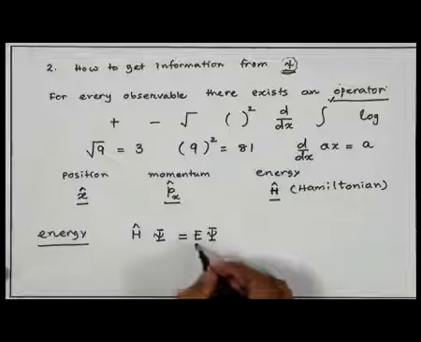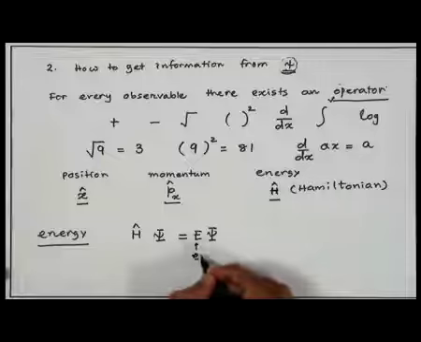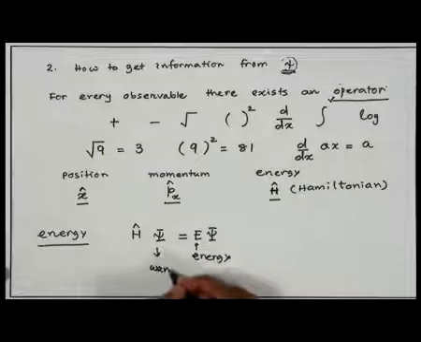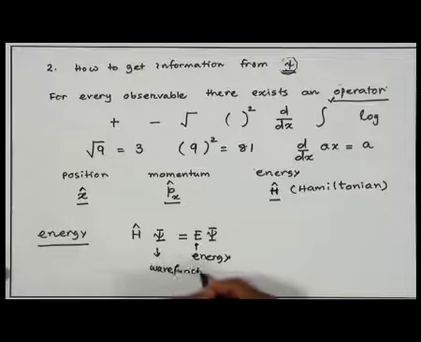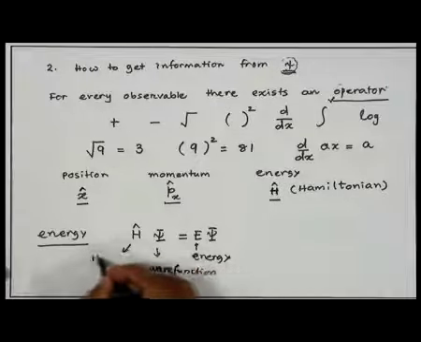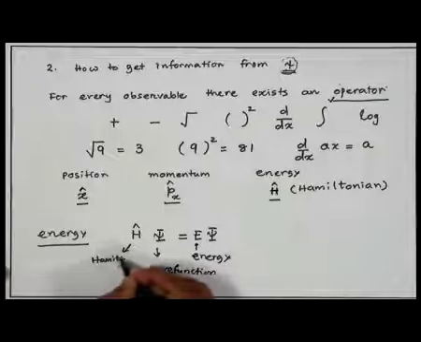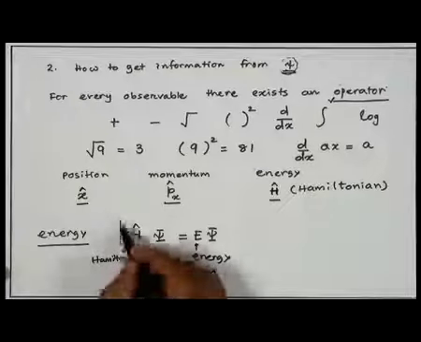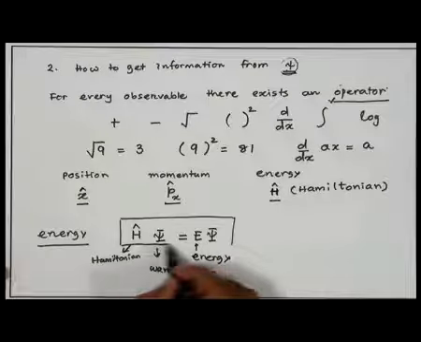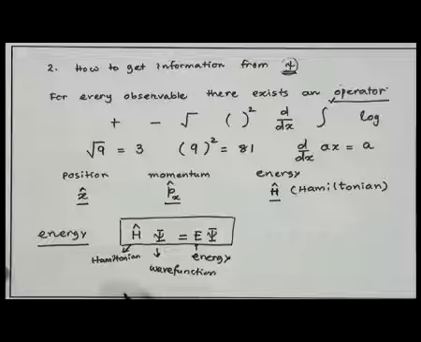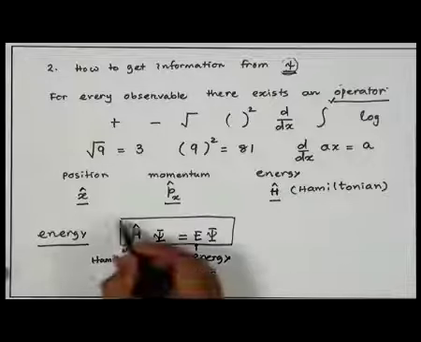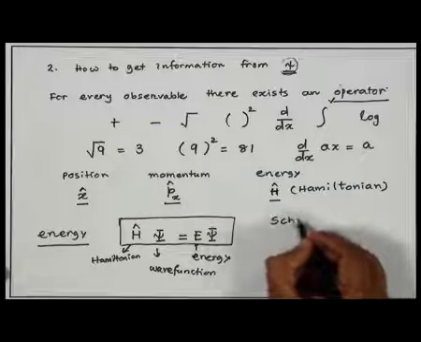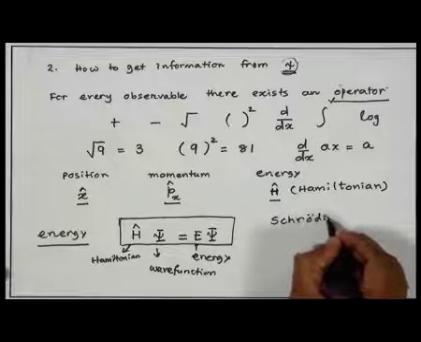This is the place for my result, in this case the energy, this is my wave function, and this is the Hamiltonian operator. And this equation that you see here, H psi equals E psi, is a very simple equation to write, but one of the most difficult equations to solve.